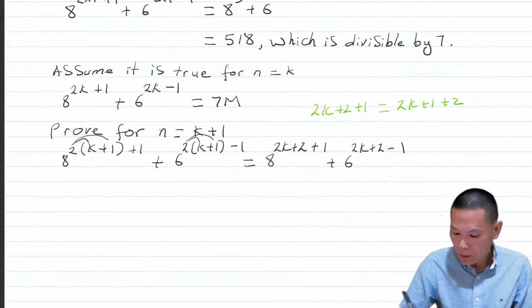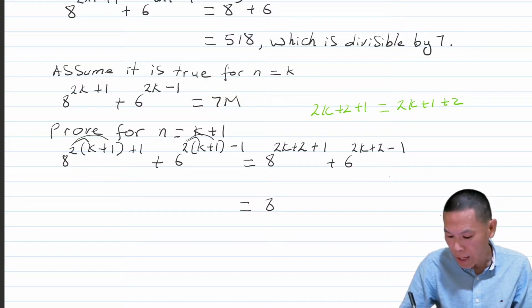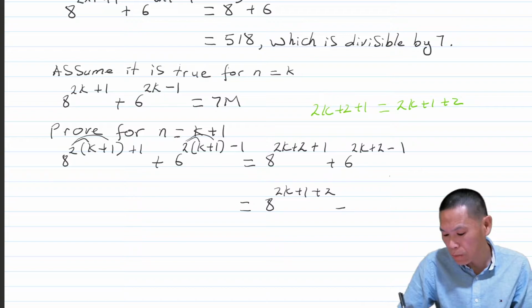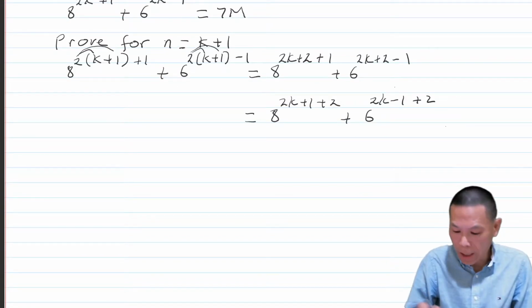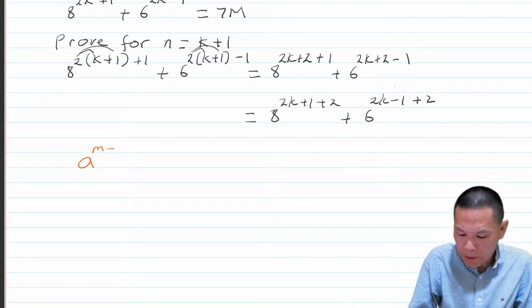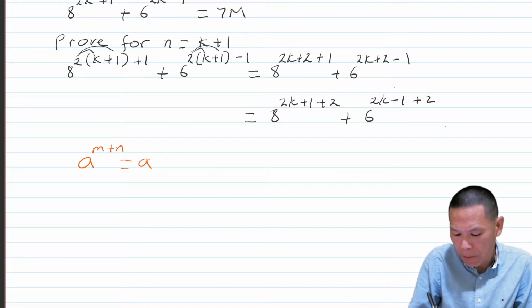That's all it is. So which is equal to 8^(2k+1+2) plus 6^(2k-1+2). So we also know that a to the power of m plus n is equal to a to the power of m times a to the power of n.